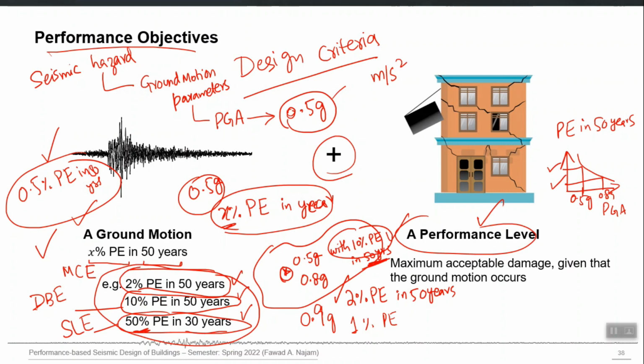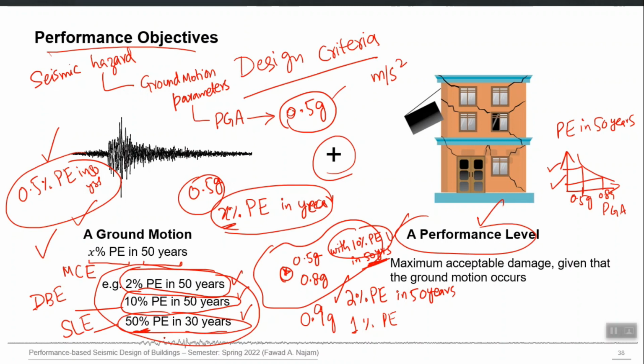But in PBD, what you further do is that you also analyze the building for 2% probability of exceedance, a higher level, and then see what damage your design is going to have, right, whether the intention of the building code or the intention set by a particular building owner is satisfied or not.